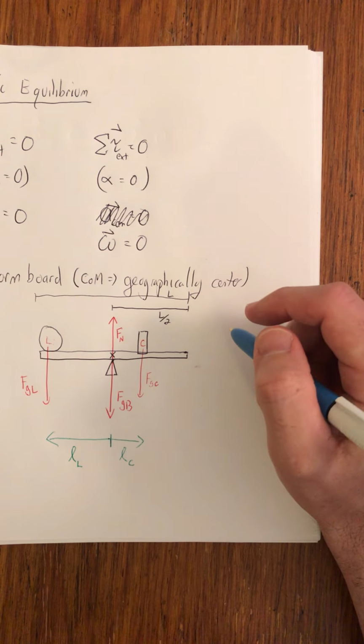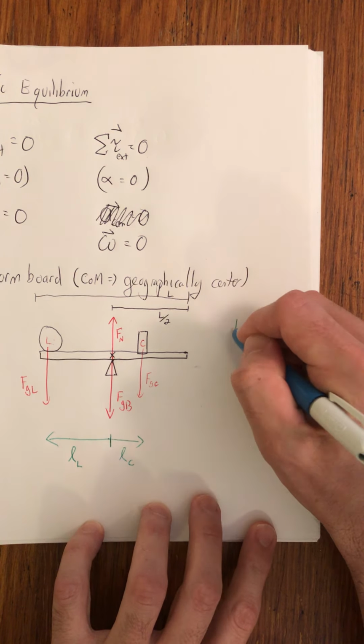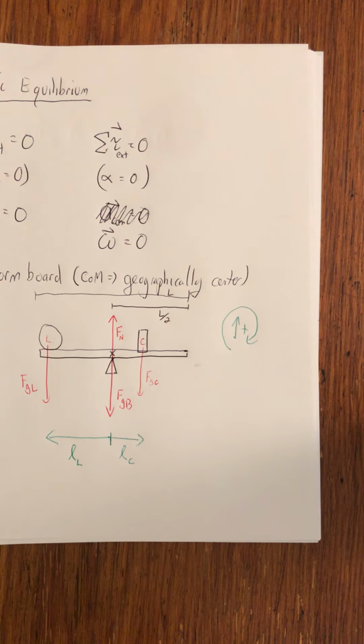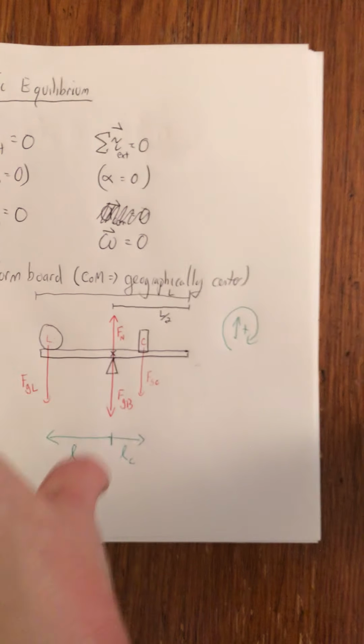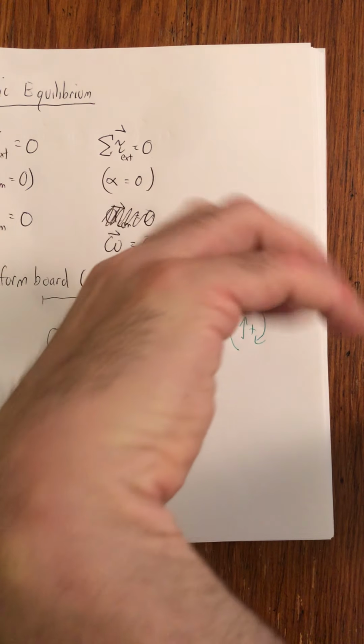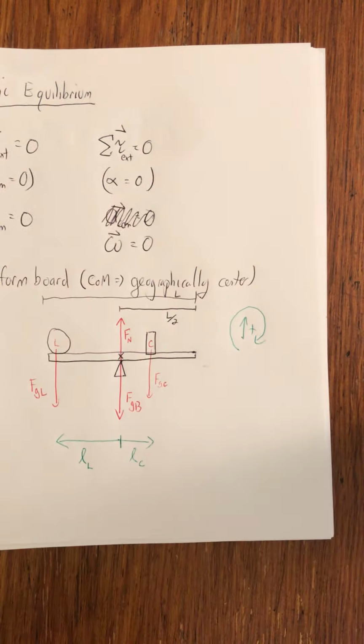Step two, as always, axes and declarations. And so here I'll make clockwise positive, right? So technically clockwise, if we use my right hand rule, is into the page, right? Curl your fingers in the direction, thumb points in the direction of the vector.